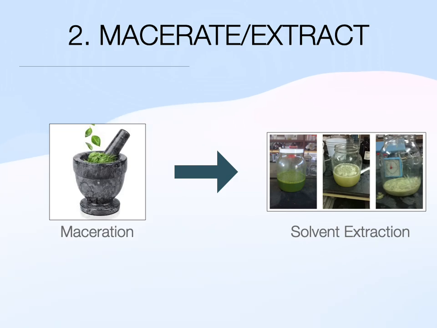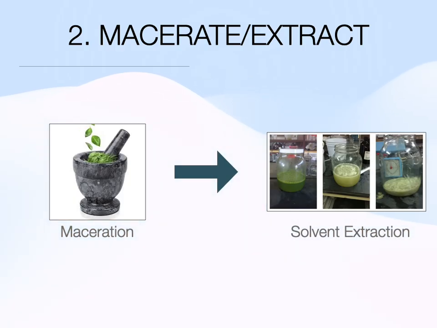Once the maceration step is completed, the plant part itself that has been pulverized is then transferred to a large glass jar and applied with solvent, polar solvent, that is utilized as a mobile phase to remove all of the phytochemical components of that plant.